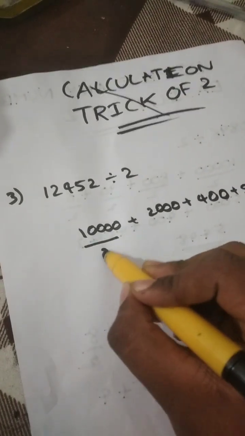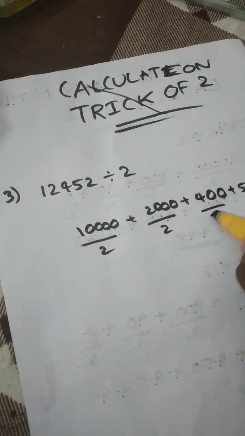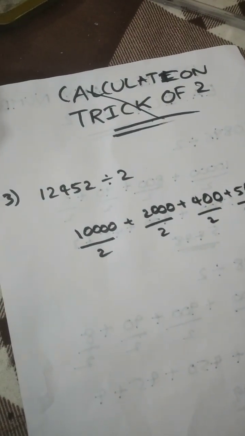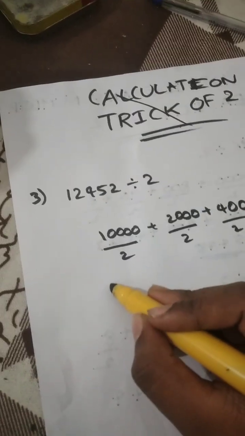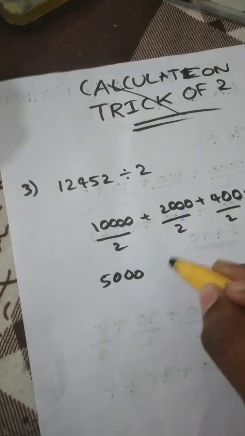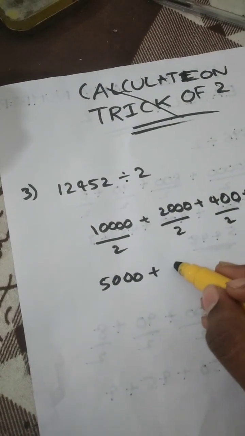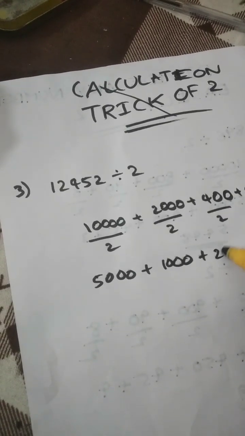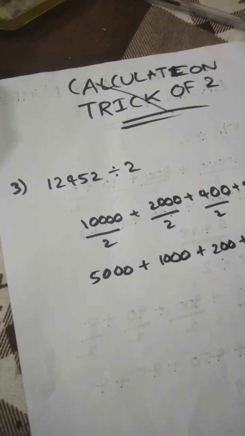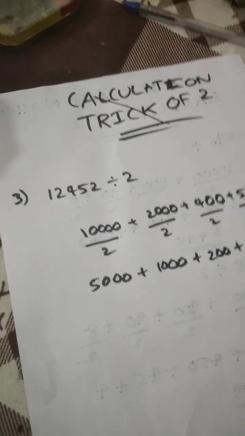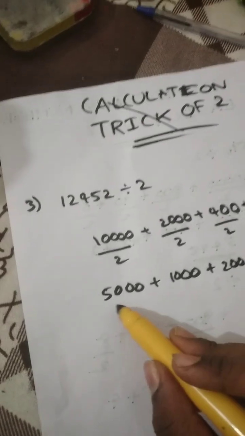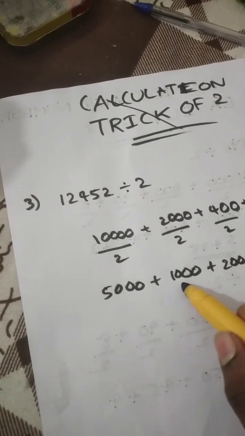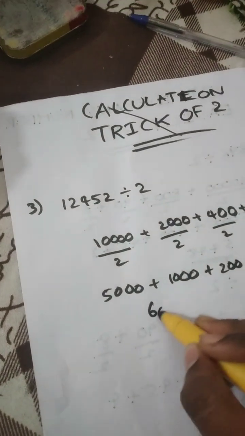So divide each number by 2. 10,000 divided by 2 would be 5,000, plus 2000 divided by 2 would be 1000, plus 400 divided by 2 would be 200, plus 50 divided by 2 would be 25, plus 2 divided by 2 would be 1. So adding these numbers, 5000 plus 1000 would be 6000.